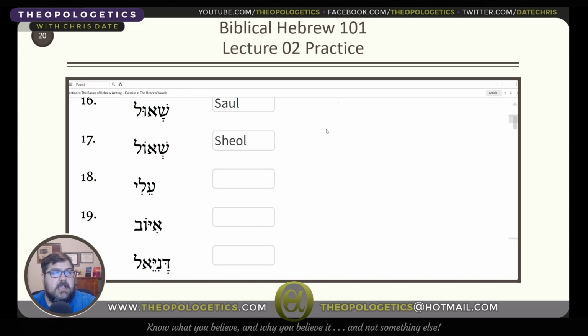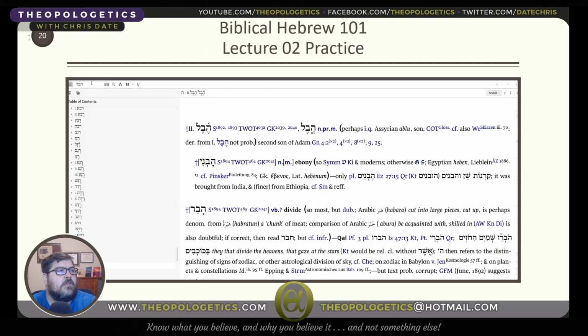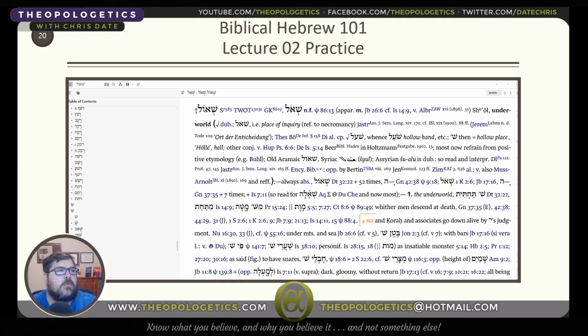I can't think of a name. But it is often thought of as a name, the name Sheol. So maybe that's what they're saying. But this is Sheol. And I'm going to look it up just to make sure. Sheol with an aleph. Yeah, it's the underworld. It's Sheol.